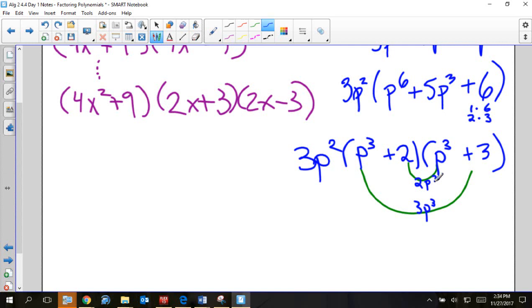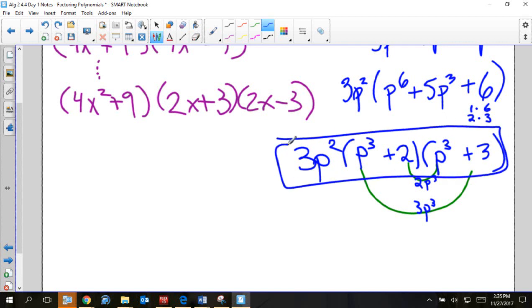Is this one a sum of cubes? No. Because 1 times 1 times 1 is 1. 2 times 2 times 2 is 8. We're already past 3. So this one does not factor further. If it did, you would need to factor it further. This one does not.